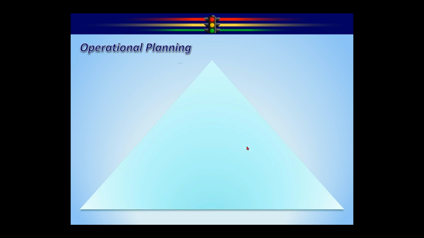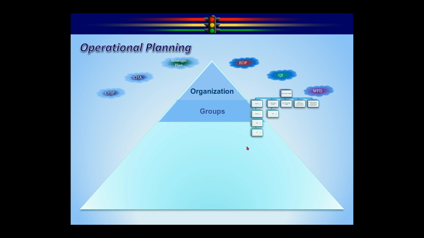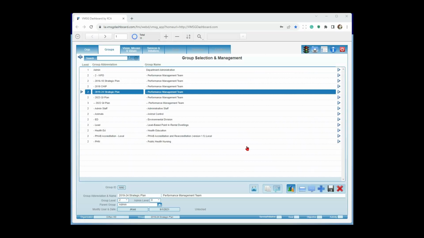Now let's go back and review the pyramid, and we're going to talk about the same plan we talked about before: tobacco cessation. So the group level, again, is where the dashboard is. So let's take you into your system here. And this is your group screen. At the very top, you have department administration. Underneath that, you have your workforce development plan.